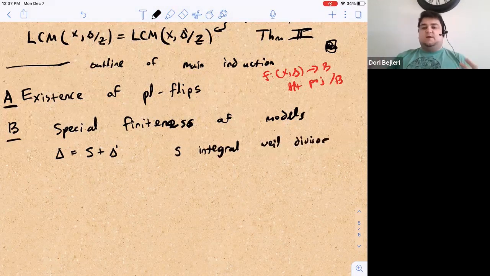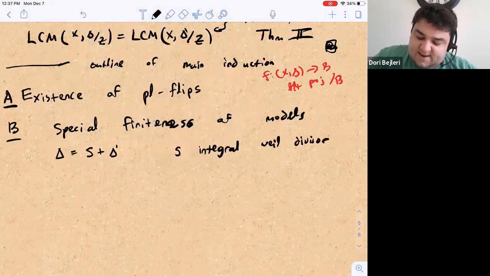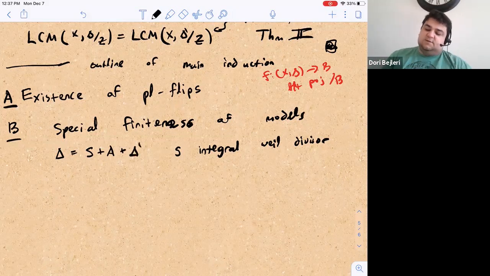So this is the thing that we want to use for our induction. And suppose now we let Δ vary. Actually, let me write this a little differently. Let's write it as S plus A plus Δ', where S is some integral divisor and A is some fixed ample.